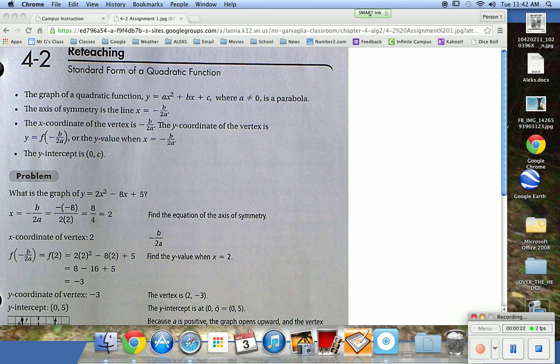All right. Standard form of quadratic function. Let's pay attention here. The standard form of a quadratic function is y equals ax squared plus bx plus c.